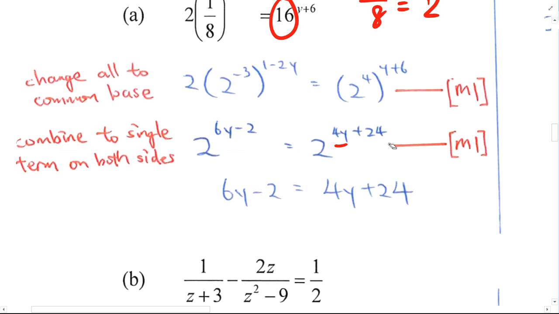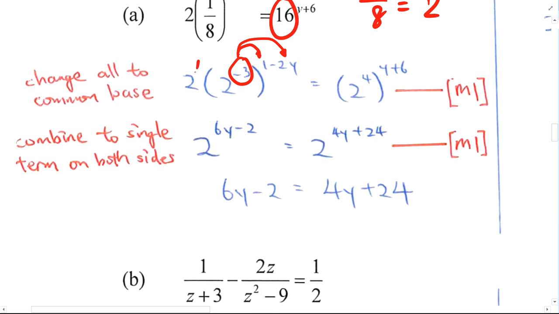What about the left hand side? We've got negative 3 times negative 2y. How much is that? 6y minus 3, yes. So we still have the 2 over here, right? This 2 over here has a power of 1.